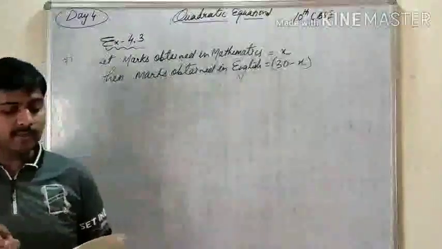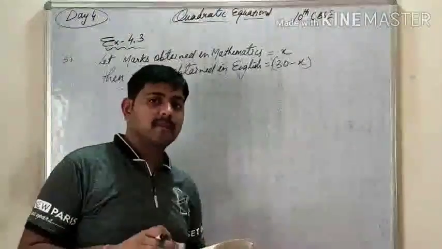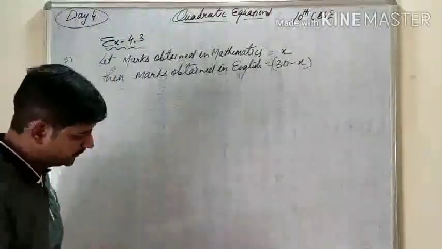According to the question, the sum of mathematics and English marks is 30.